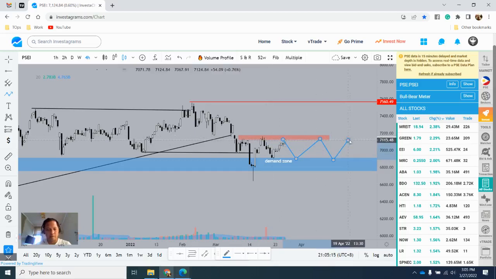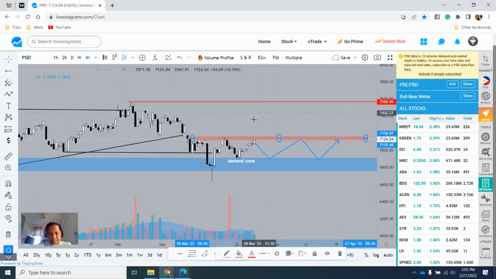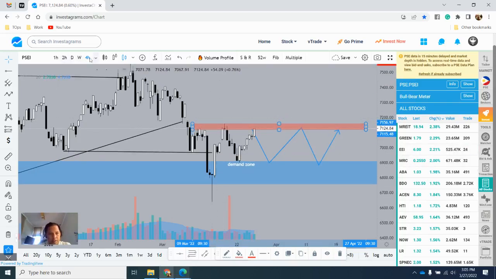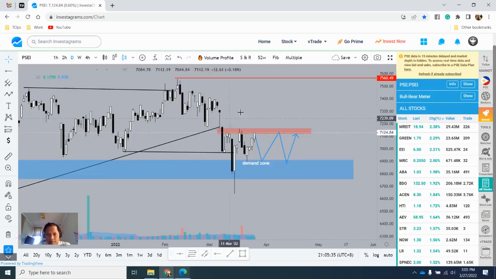So for now I would say that this will do a sideways move. So the daily price chart should close above this high for us to say that we are going for an up move. Otherwise, if we see here a rejection candle, we will again retest this area here.